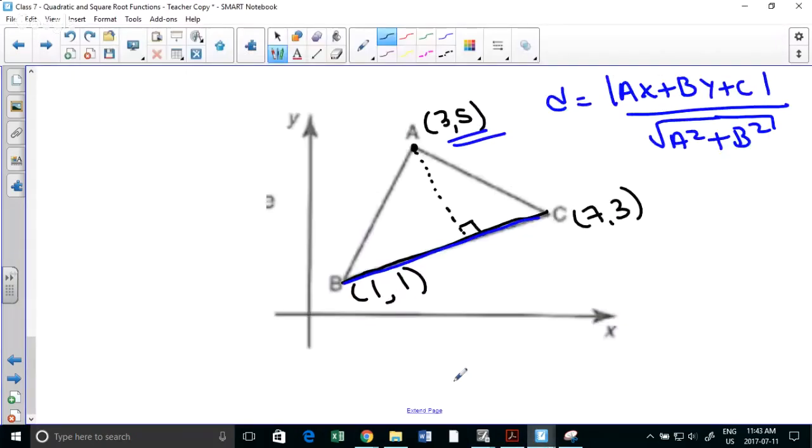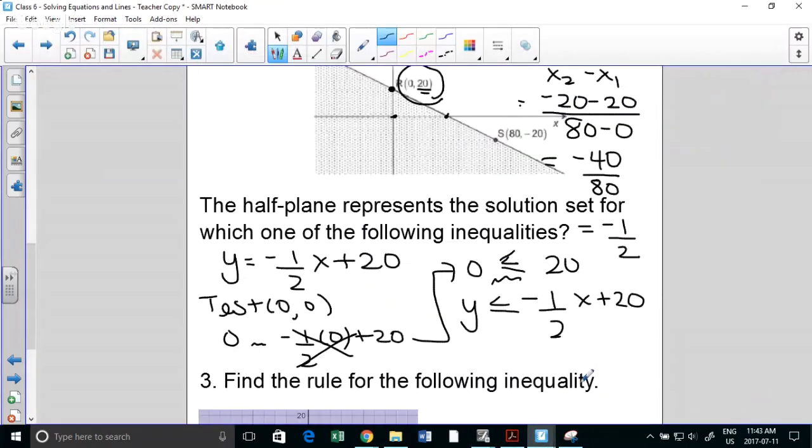Okay, so those are the type of exam questions that you can pick. All right.